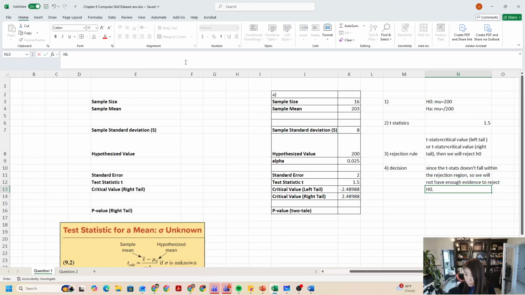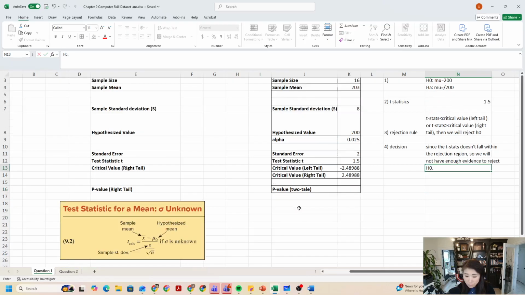Therefore this is our conclusion: we do not have enough evidence to reject H0, mu equal to 200. We are not rejecting H0 in this case because the t-stat does not fall into the rejection region.